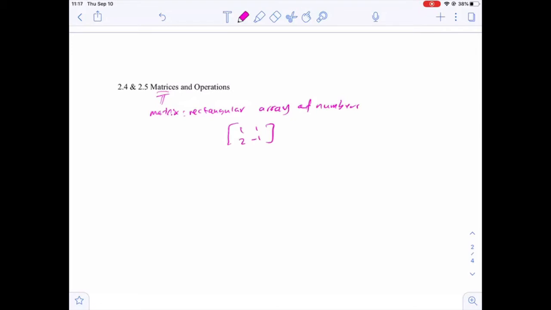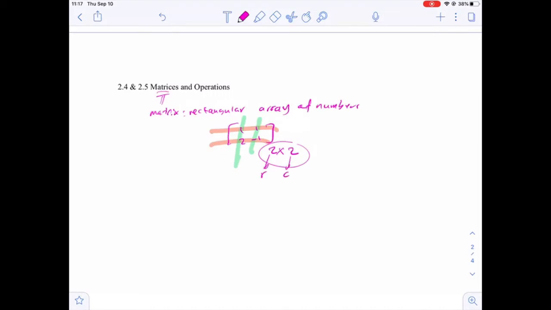Now we are interested in finding the size. The size is the number of rows, we have 2 rows here, times the number of columns, we have 2 columns here, this and this, and we write it in this form, 2 by 2. We don't write 4, because this is just to mean this is the number of rows, this is the number of columns, or m and n.